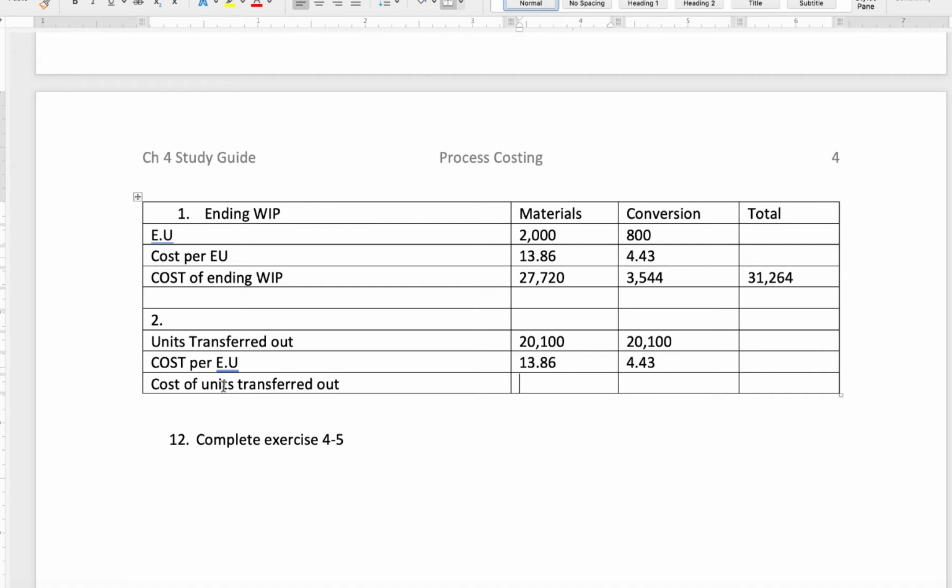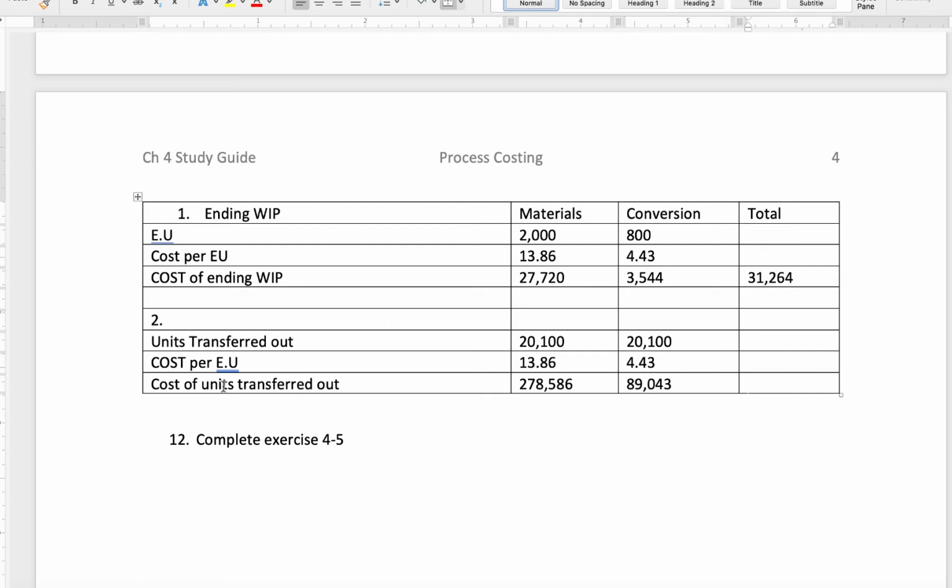With respect to material, I take the 20,100 units times the cost per equivalent unit of $13.86. That gives me $278,586.